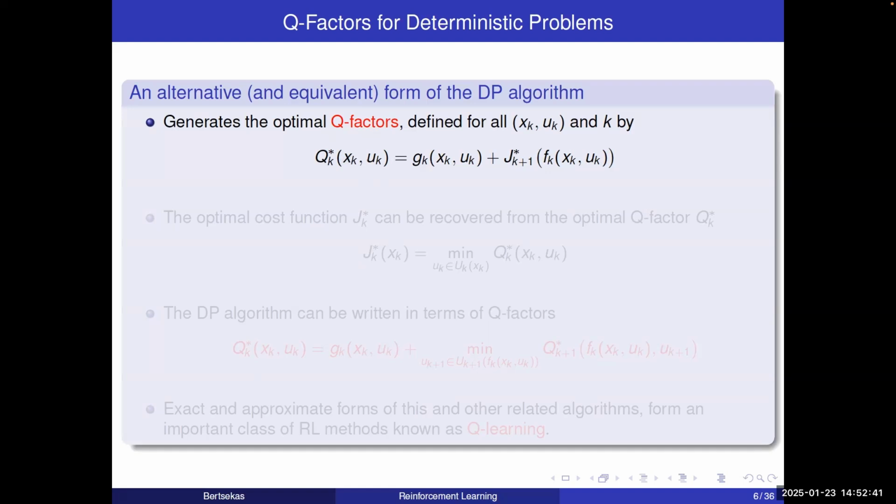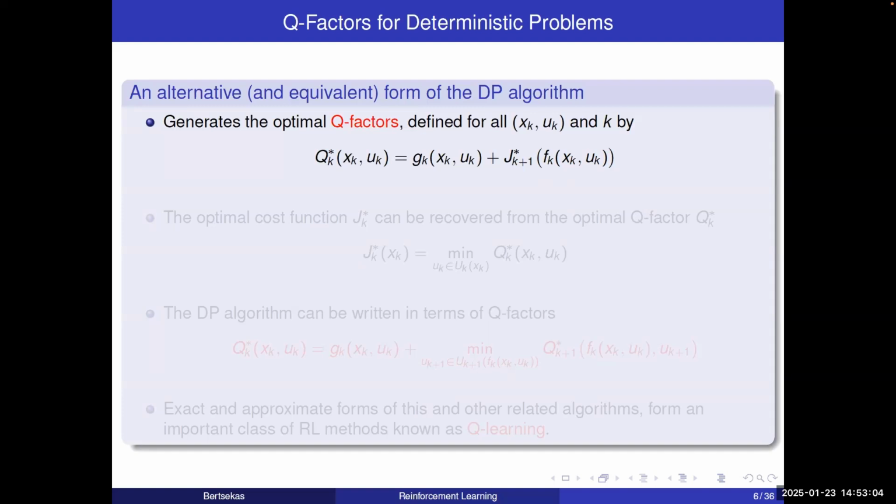So Uk enters in the first stage, and the remainder is J star. So that's the definition of Q star. Sometimes they're called in reinforcement learning state action values, okay? State action values of cost going forward using Uk at the very first stage.